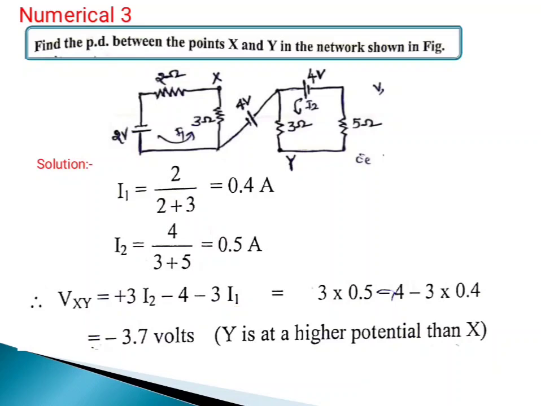I2 is known, 0.5 amps, and I1 is known, 0.4 amps. We get Vxy equal to minus 3.7 volts. So Y is at a higher potential than X in this particular problem.